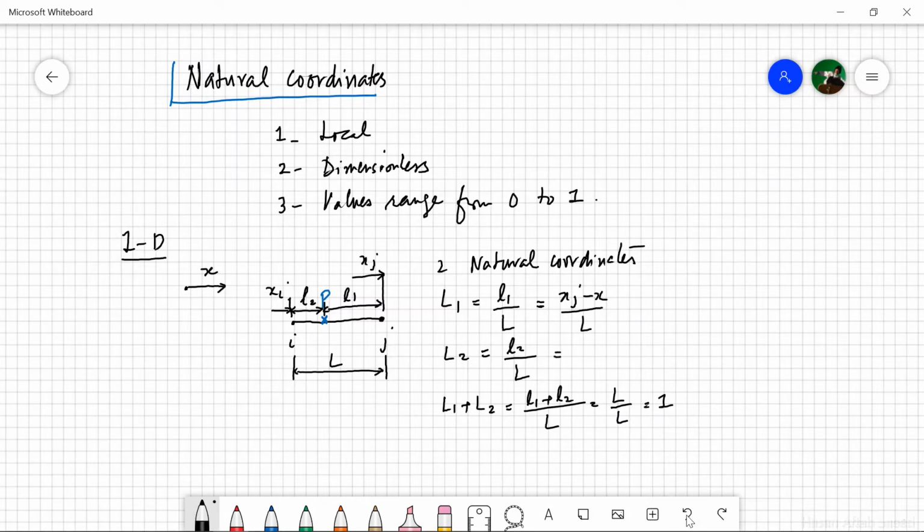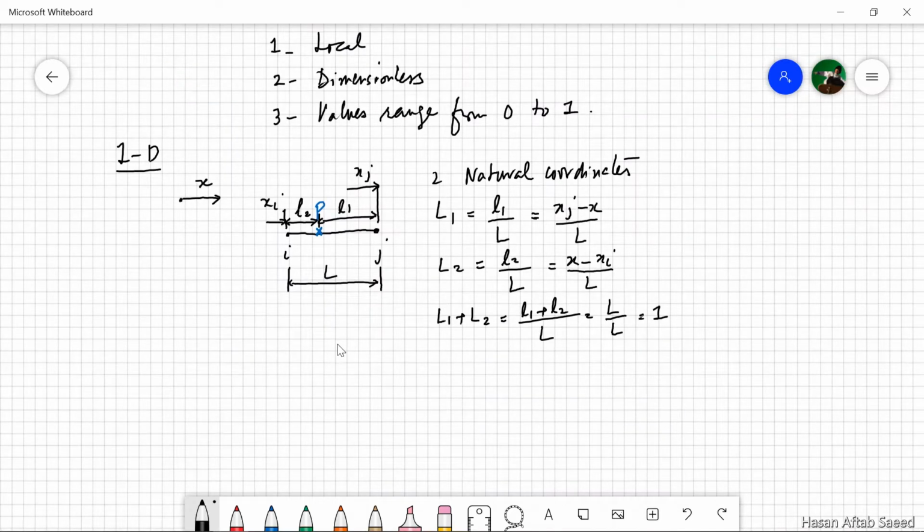Similarly, small L2 is nothing but x minus xi over L. Again, the same expression as that for Nj. This means that our natural coordinates for a 1D system are equivalent to the shape functions. That is, L1 is equal to Ni, L2 is equal to Nj for a simplex element.